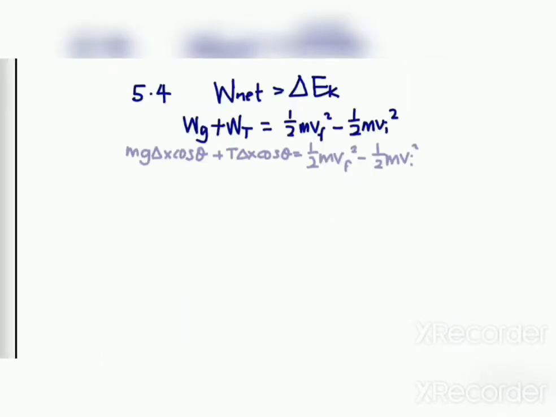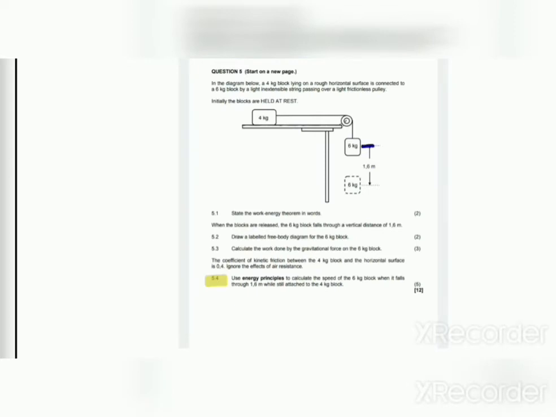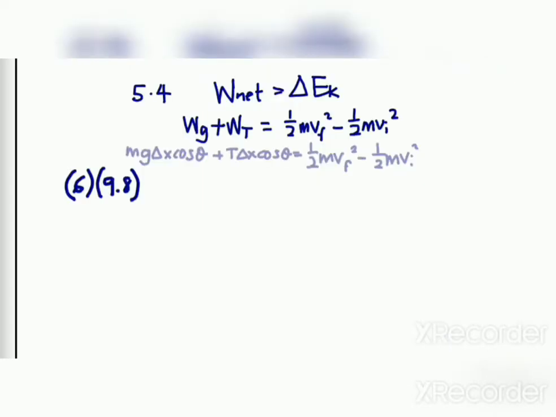So substituting our values in here, mass, we are looking at the 6 kilogram block. So that's going to be 6. Gravity is 9.8. Delta x, now we know that the block has moved down 1.6 meters. So that's going to be 1.6 cos of, now what would our theta be?